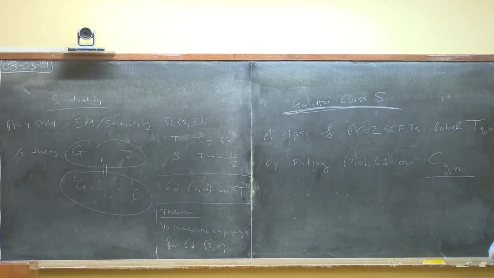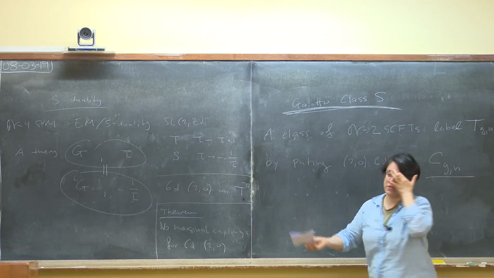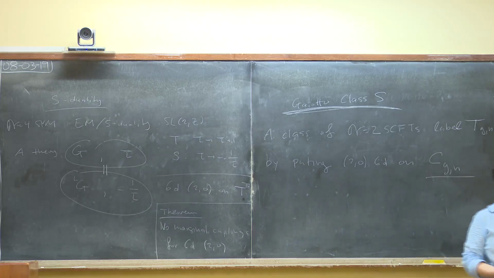So that's the point. And again, like also in here, 6D (2,0) comes with ADE classification. So this gives you a way to get all possible groups that you like in 4 dimensions. Okay, not all possible, ADE at least.